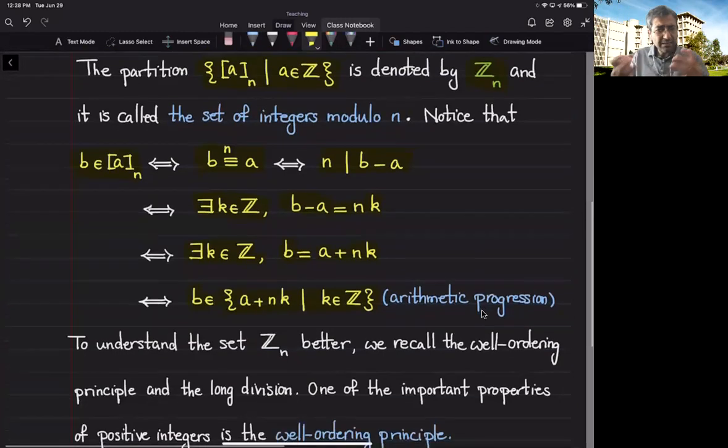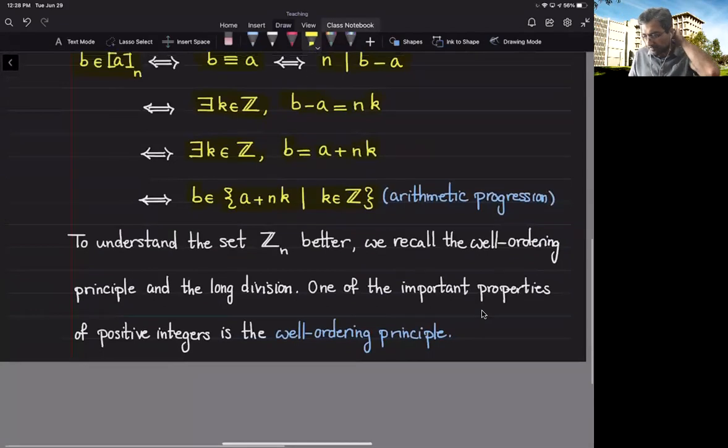Okay, but how many elements do we have inside this Z sub n? In order to understand how many elements Z sub n has, we have to recall the long division property of integers. And in order to say the long division and more about the set of integers, we have to recall an important property of the set of positive integers.